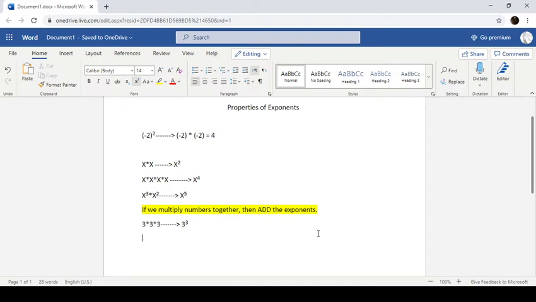So what if we have something like this? x times x all over x. Let me make this into a fraction so it looks better.